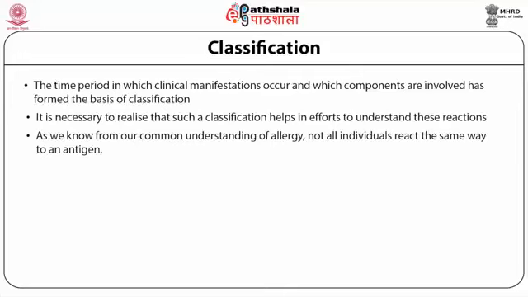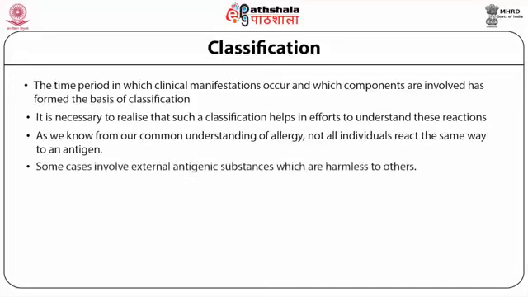As we know from our common understanding of allergy, not all individuals react the same way to an antigen, which in this case is called allergen. Environments, genetics, and age all play important roles. Some cases involve external antigenic substances, which may be harmless in the case of others.